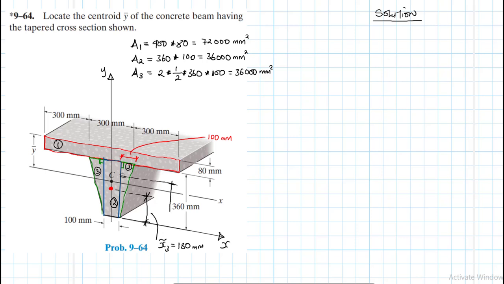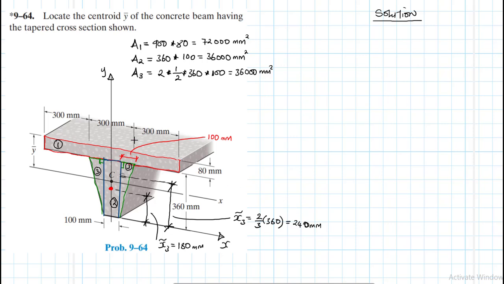Remember, for the triangle, y bar 3 is equal to 2/3 from the bottom, that is of 360. 2/3 times 360 gives us 240 millimeters.